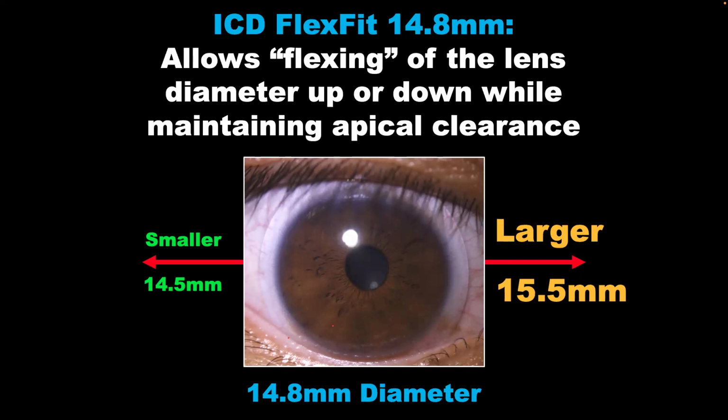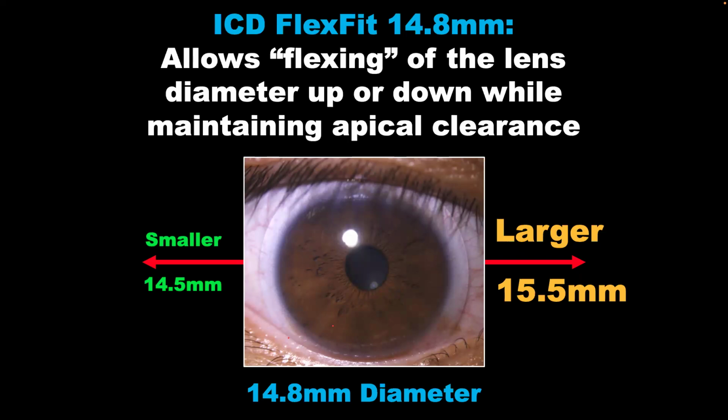But let's say you have 300 microns and you're okay with that, but you see that you need to go larger with the diameter. You can go larger, even to a 15.5 with a 14.8, and maintain those 300 microns.